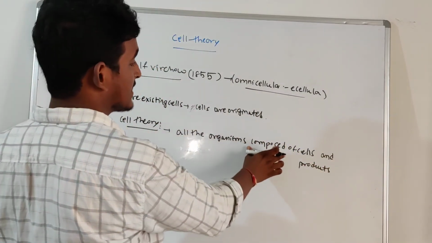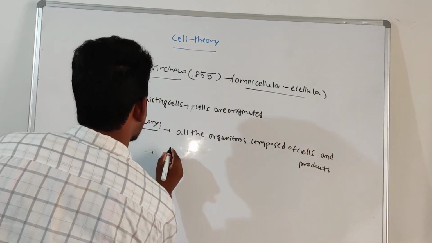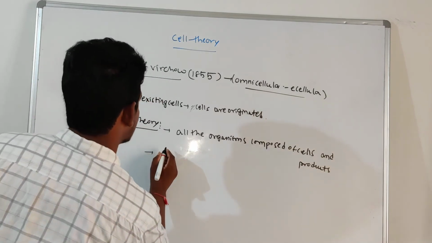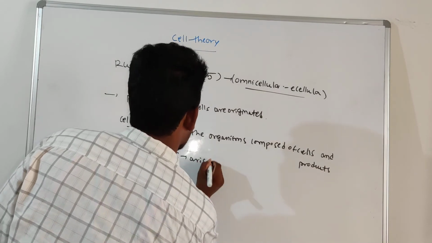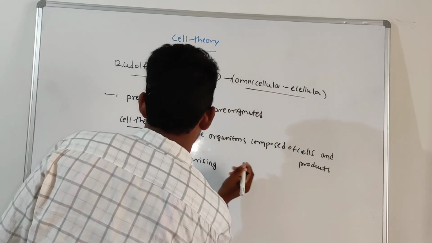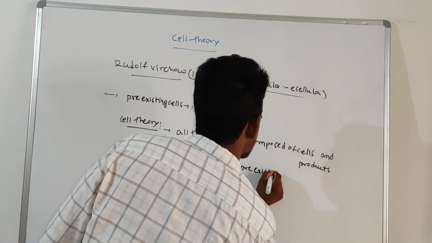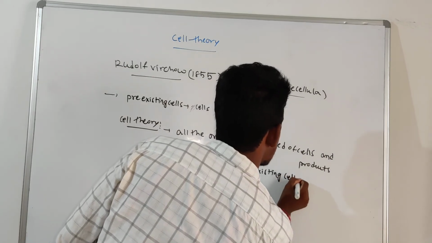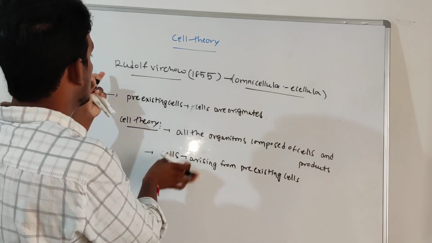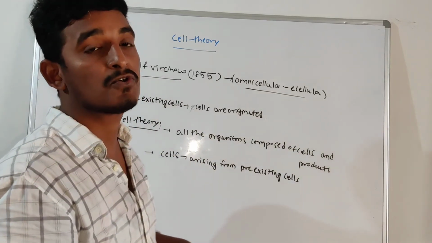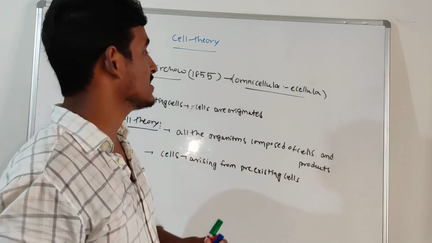So all organisms have cells, and those are products of those cells, and all the cells arise from pre-existing cells. This information was given by Rudolf Virchow. So it is the final shape of cell theory. Schleiden and Schwann did not give information about how the cells originated.